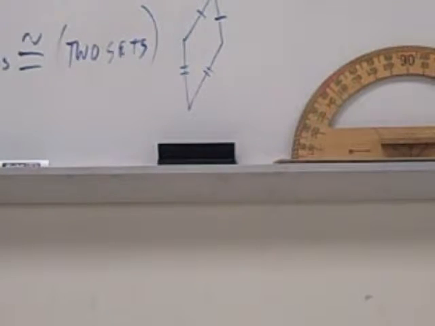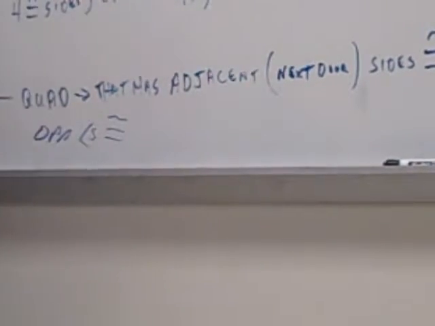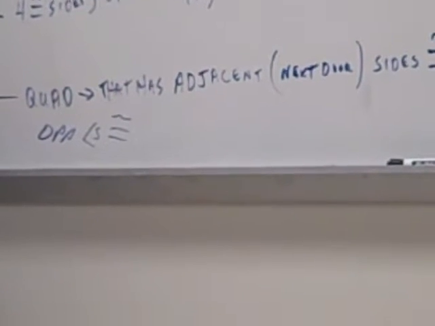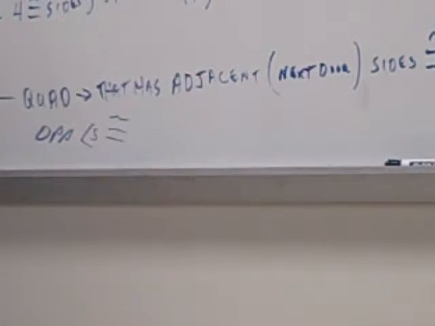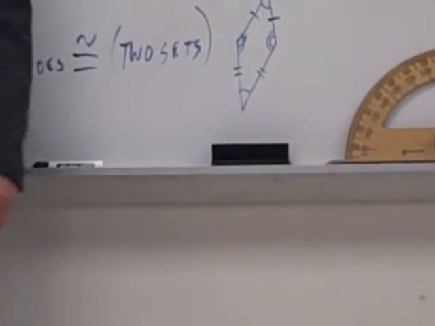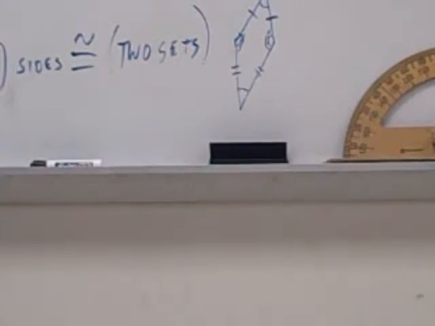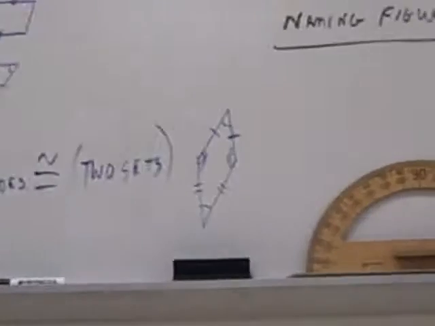So you want to say opposite angles congruent? I guess we can say that until we prove it wrong. Okay? And y'all see which ones, right? Swoosh, swoosh, double, double? Something to look into, right? Maybe you need to do a little research on that. But that gives us a kite.